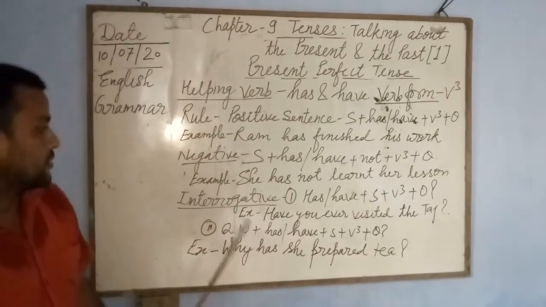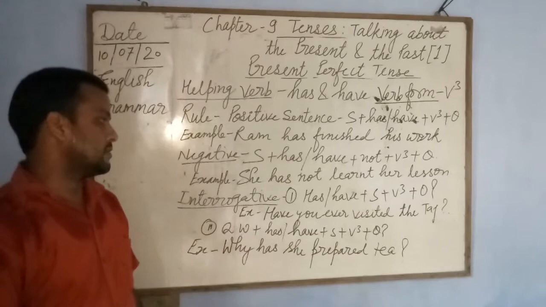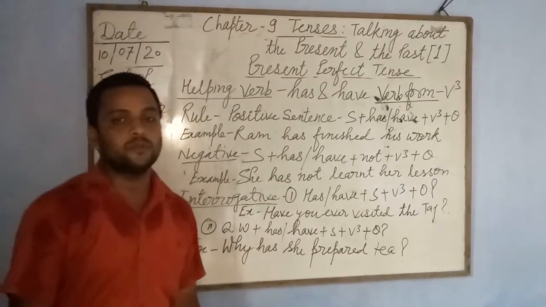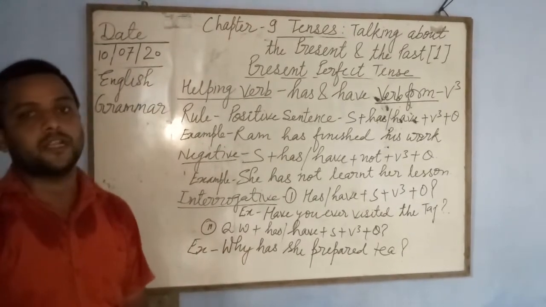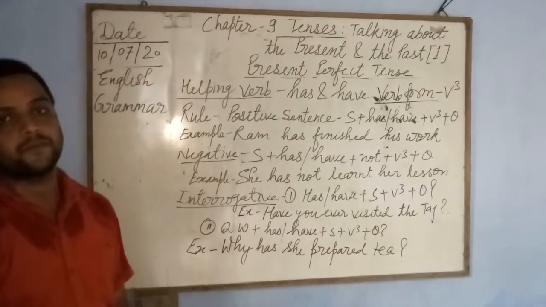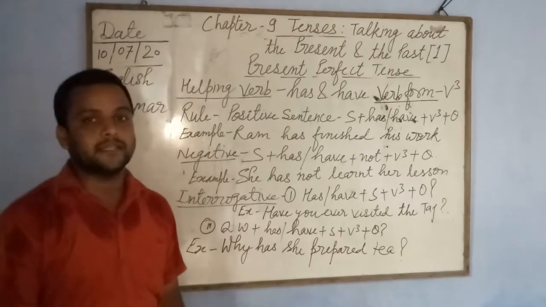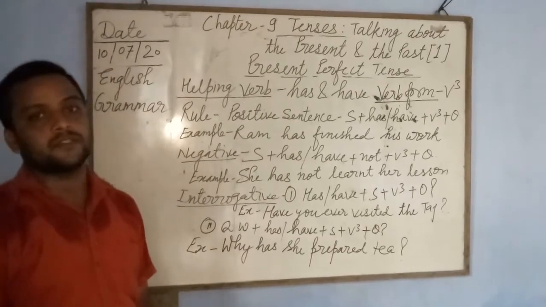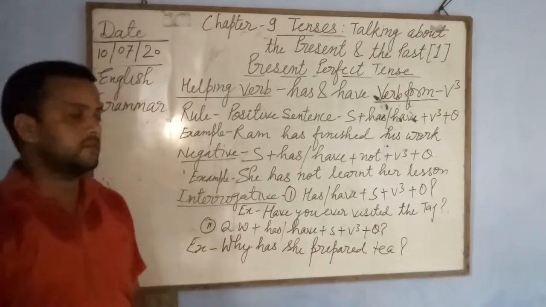Okay. Now see the interrogative sentence. I had told you that there are two types of interrogative sentences. The first starts with a helping verb, and the second starts with a question word, an interrogative word.